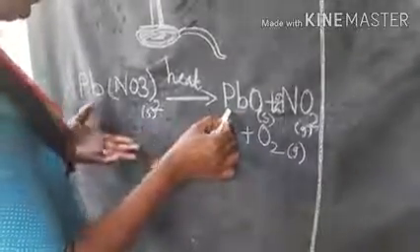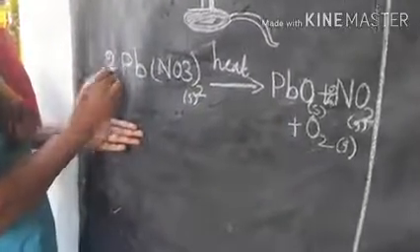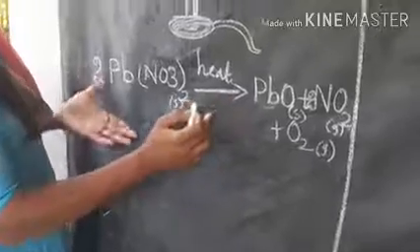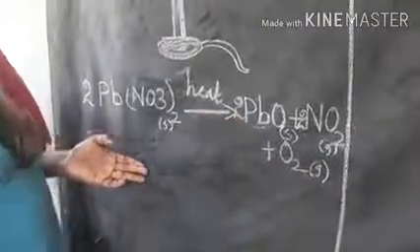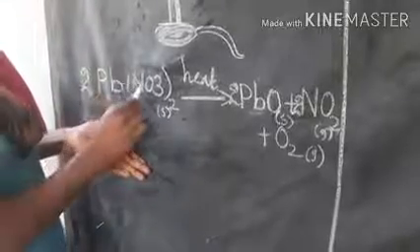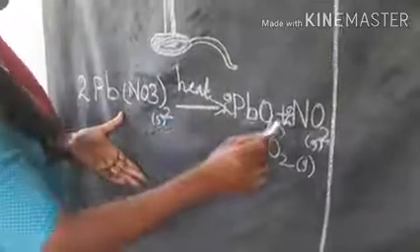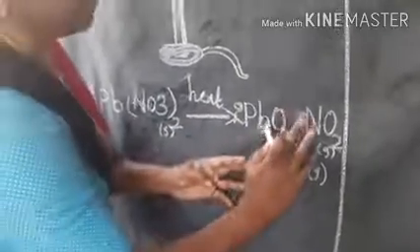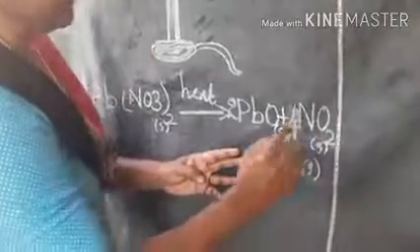So what I am going to do, I am going to put 2 here. Now since Pb is 2, you have to put 2 here. Now what about nitrogen? Already 2 and here 2, so that is 4. But here nitrogen is only 2. So you have to make it 4. Nitrogen is 4.